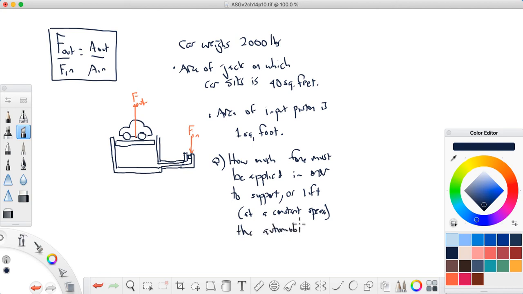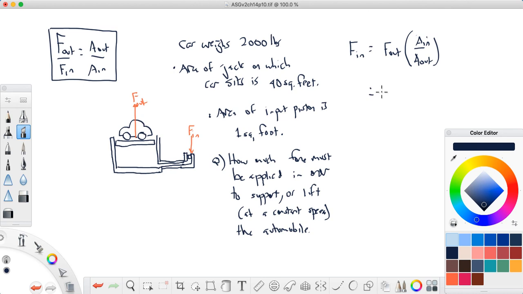Well, this is a quite simple problem to solve now, because you can just solve for the input force in terms of the output force using Pascal's principle. The force in is equal to the force out times the ratio of the area in over the area out.